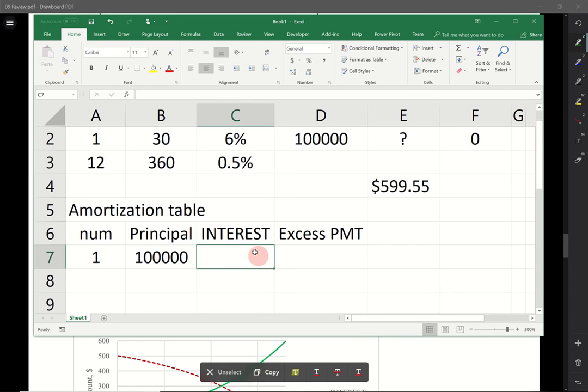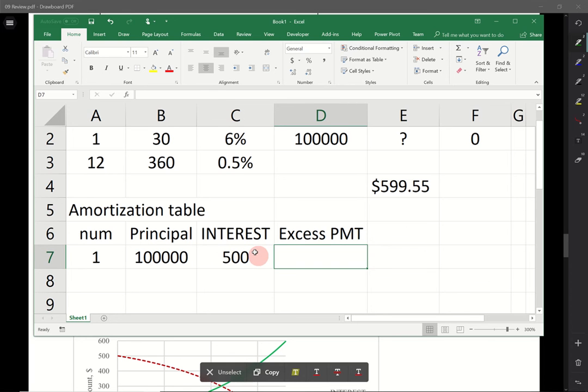Well, you take the amount that you borrowed, which is one cell to the left, right? And then you multiply it by your interest rate. And here, the interest rate in each compounding period is 0.5%. Okay, so I'm going to hit tab.